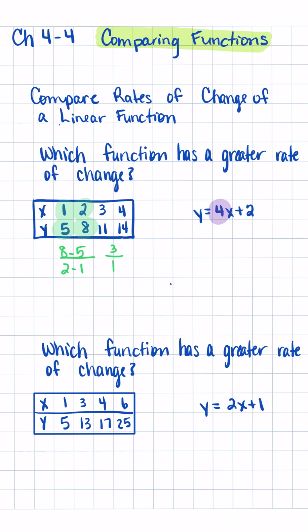So this one's rate of change equals 3. So therefore, the 4 is bigger than 3. So this has the greater rate of change.